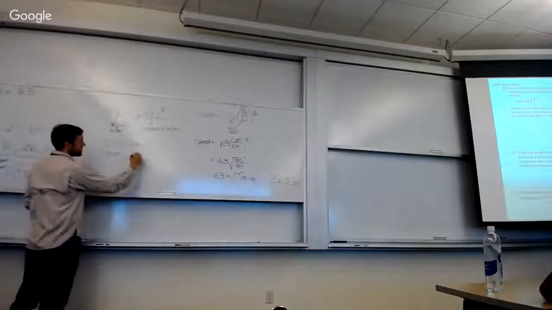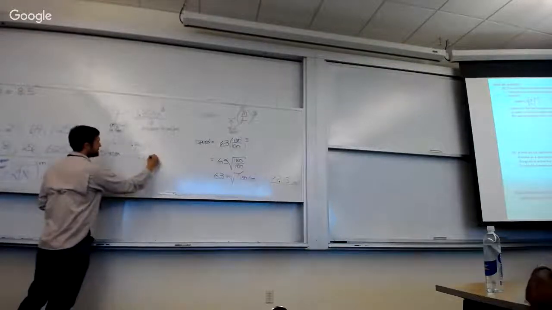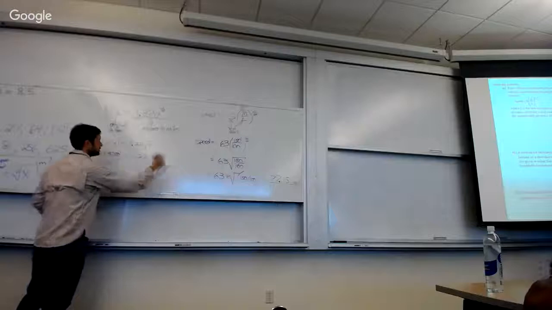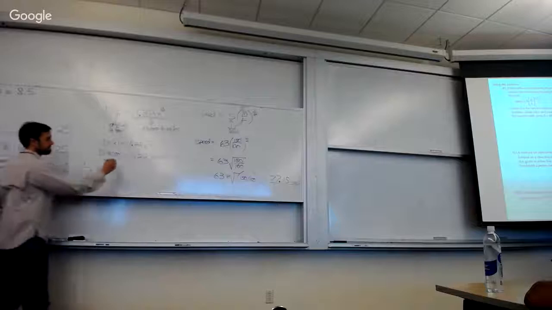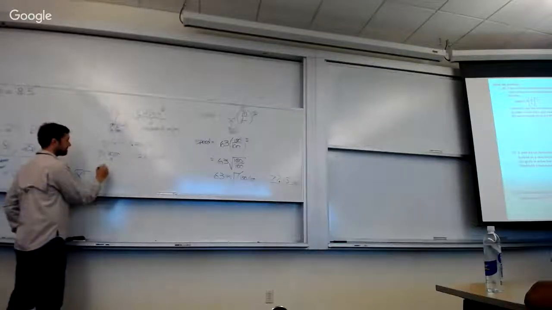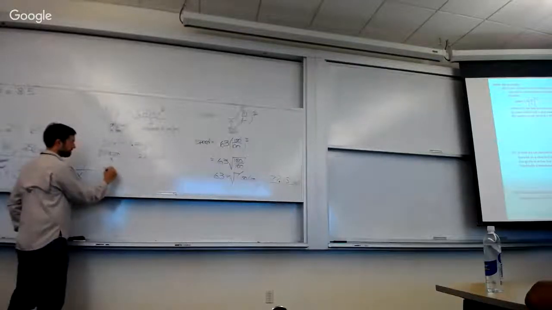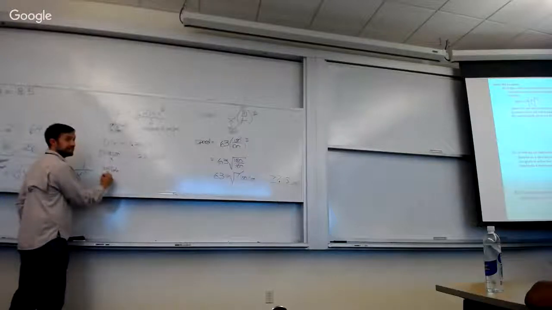Calculate 1.22 times the square root of 30,000. What is it?